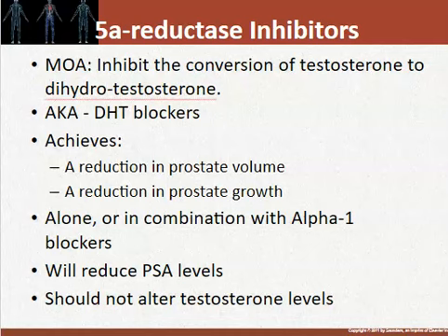Giving these drugs achieves both a reduction in the volume of the prostate, but also a reduction in growth of the prostate. So for BPH, we can see these drugs used alone or in combination with alpha-1 blockers. When these drugs are used, they will reduce PSA levels, and theoretically they should not alter testosterone levels much.